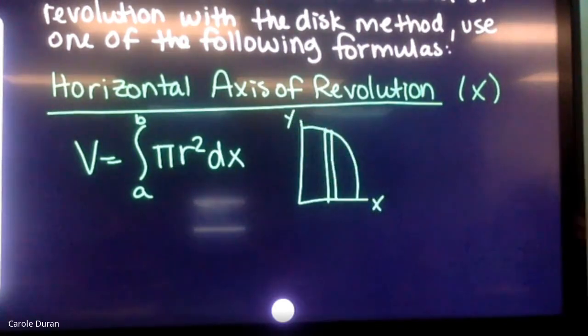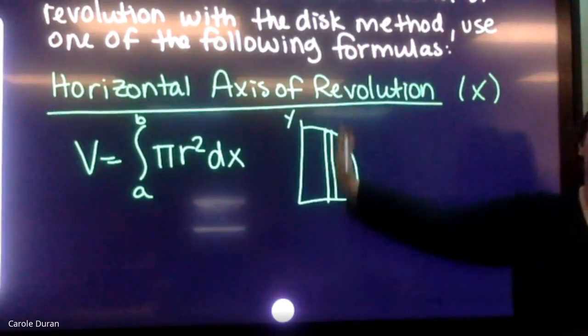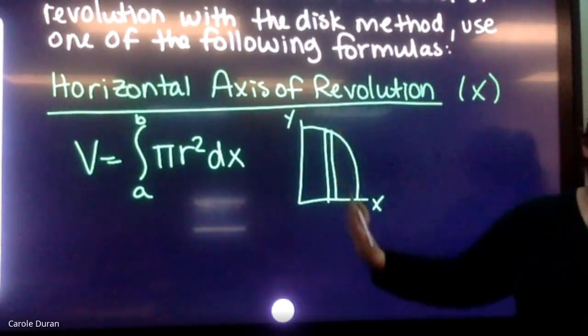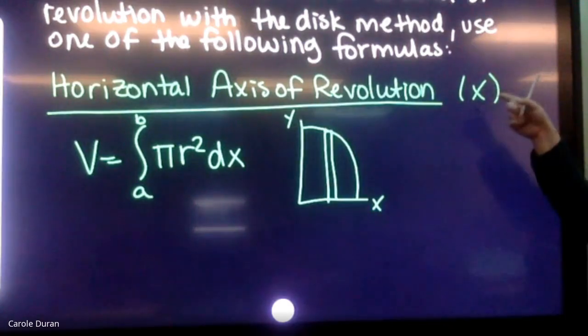This is approximately what our base would look like before it was rotated, which means our cross section is coming out perpendicular to the x-axis, which is why it's an x variable volume.